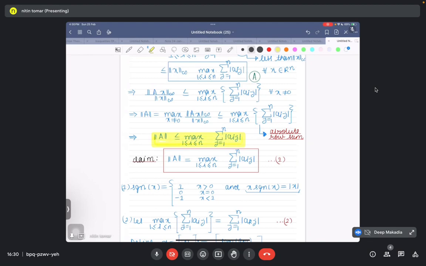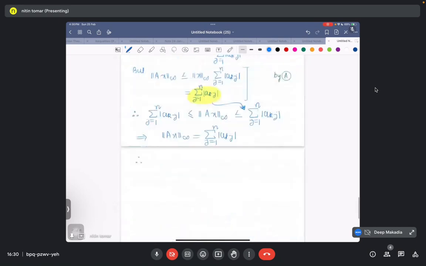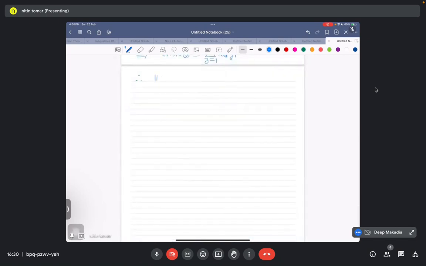We wanted to prove an equality. So what did we prove? That this maximum is attained at the kth row. Am I correct? So they have to be equal now. Hence norm A is nothing but the maximum of the absolute row sum.